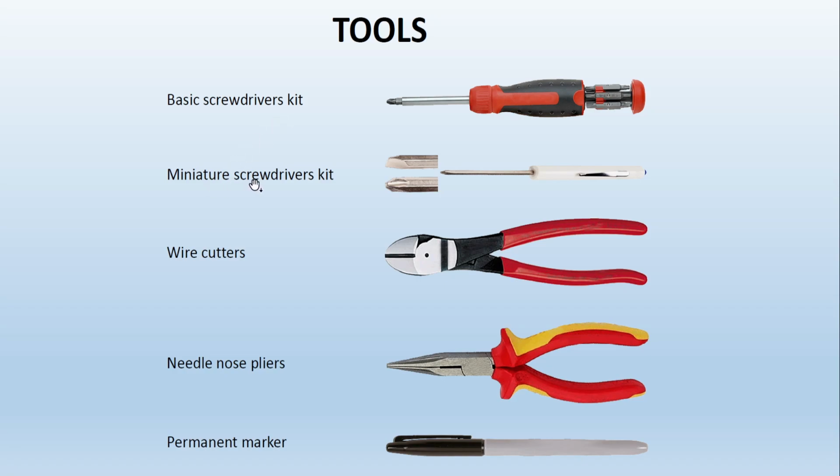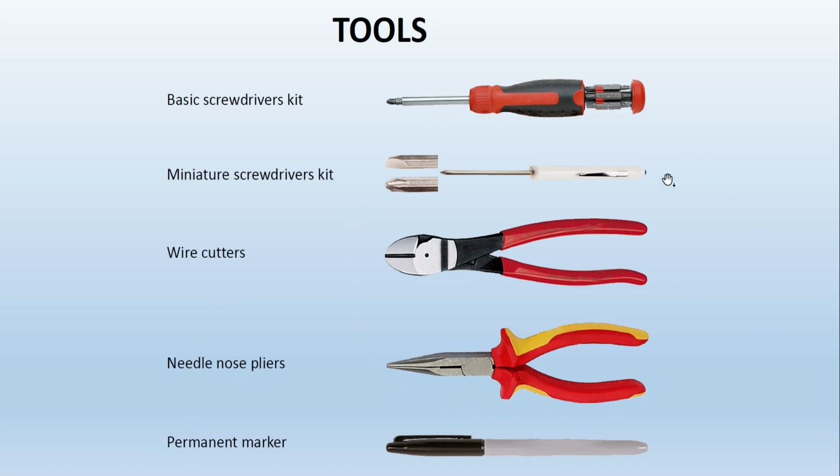Then miniature screwdrivers: a miniature Phillips and a miniature slotted screwdriver. Sometimes those are given away as promotional gifts by companies who sell equipment. Sometimes we're going to connect screws that are not as big as the duplex receptacle for electrical purposes, so we need those smaller screwdrivers, wire cutters, needle nose pliers, and a permanent marker.